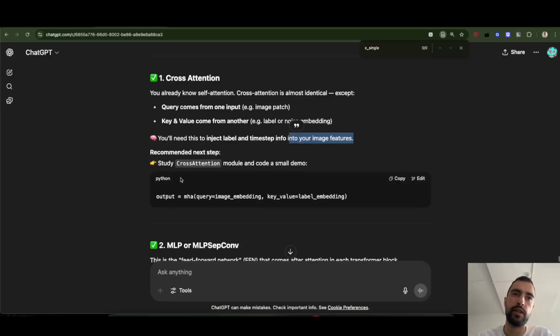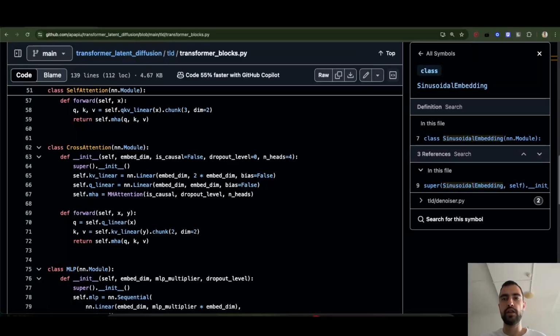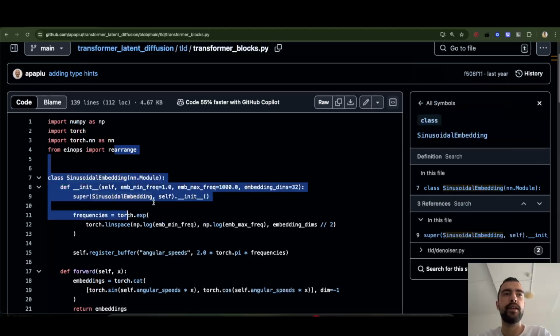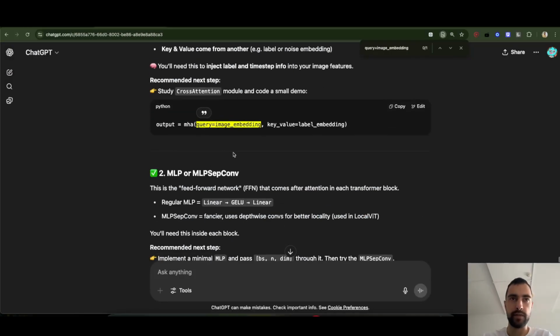So we see this output is equal to multi-head attention, and the query is going to be the image embedding, and the key and value will be the label embedding. This will help us combine labels, text, and image embeddings. That's not written in this code here. This is just an example that will help us learn.